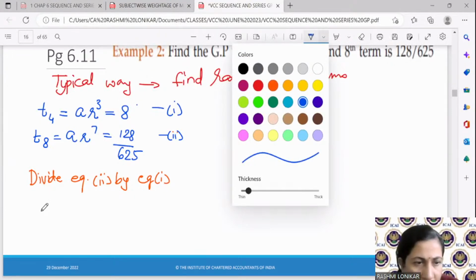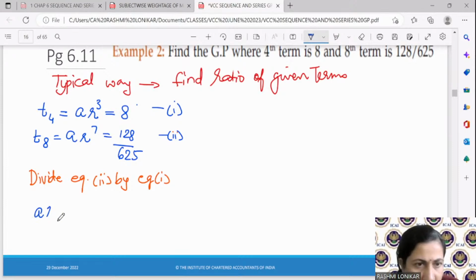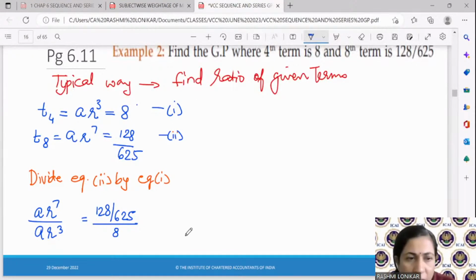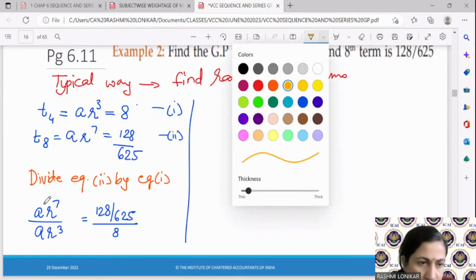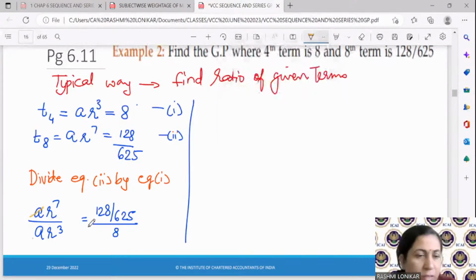So I have A R raised to 7 upon A R cube is equal to 128 upon 625 upon 8. Okay. Now this A will get cancelled with this A. This is R raised to 7 upon R raised to 3. Remember, a raised to m upon a raised to n in the chapter of indices is equal to a raised to m minus n.